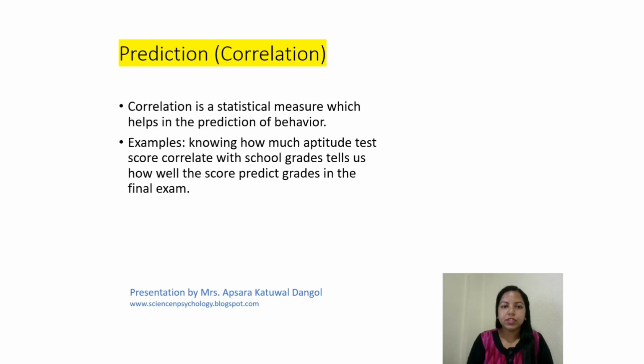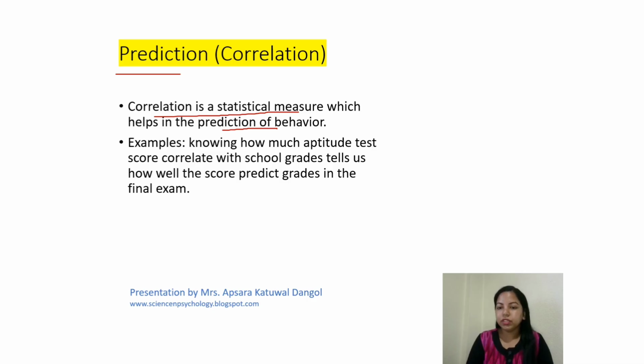Correlation or prediction. Correlation is the statistical measure which helps in prediction of behavior. For example, knowing how much aptitude test scores correlate with school grades tells us how well the score predicts the grade in the final exam.